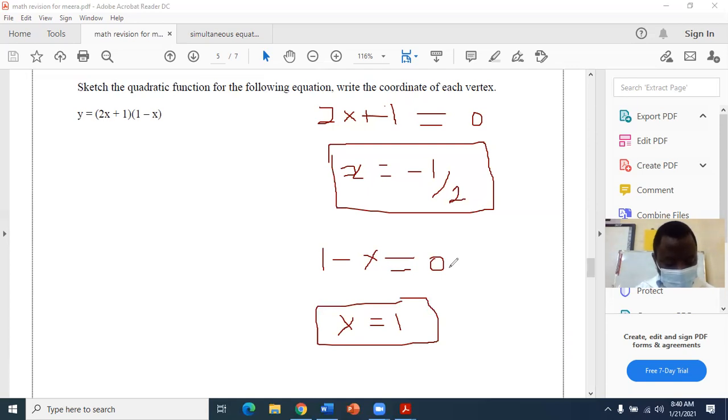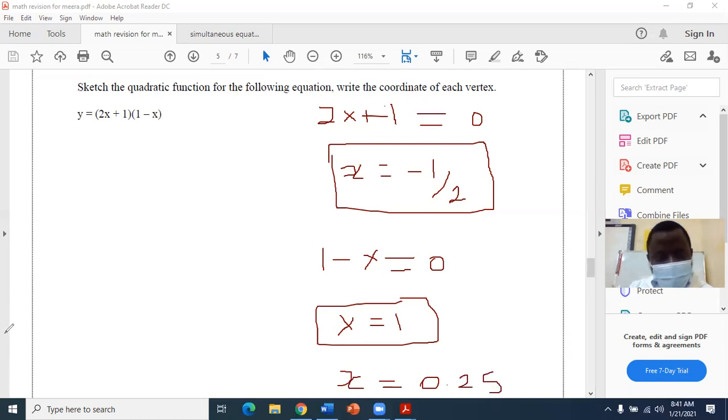Are you following? That will give me 0.25. That's 1/4. So it means that my vertex, the turning point, has x equal to 0.25.